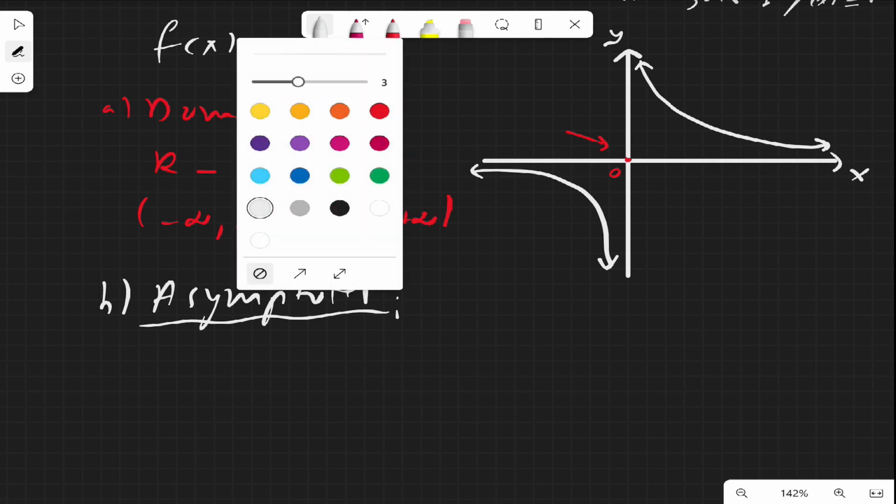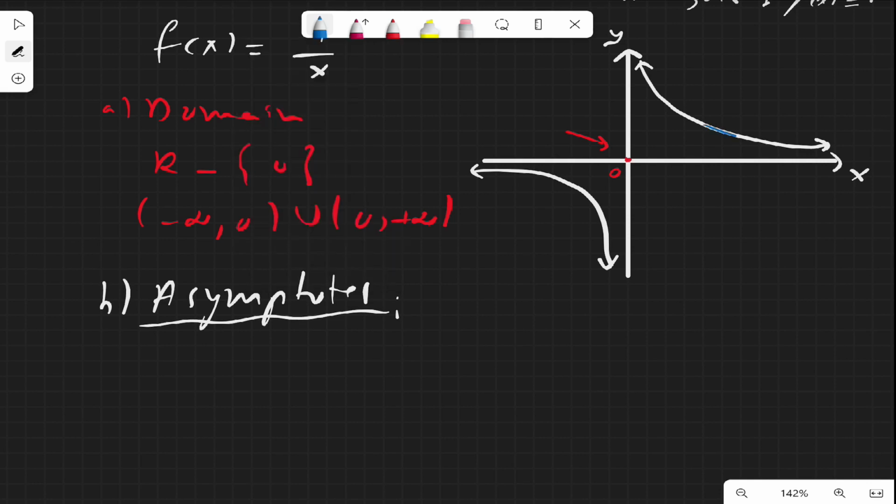Graphically, to the right and to the left, the graph is going very close to this line, but it doesn't cross it. So this line, which is the x-axis, is called the horizontal asymptote.